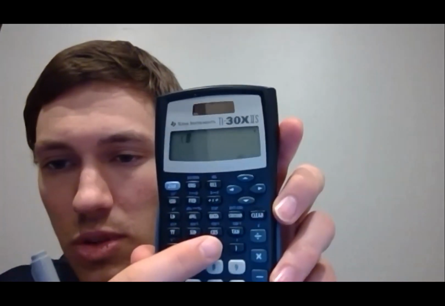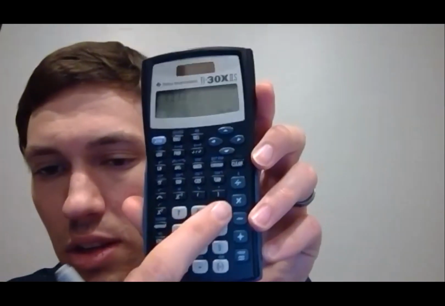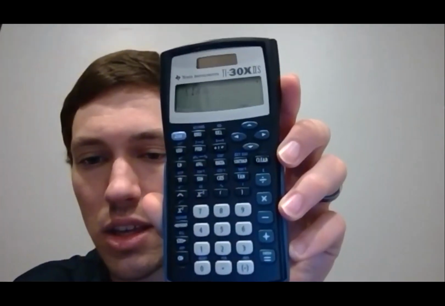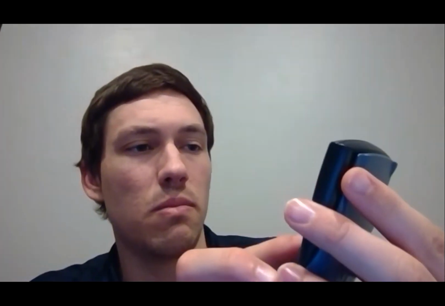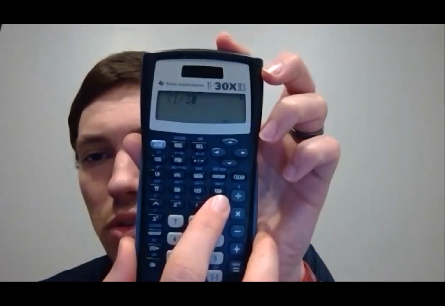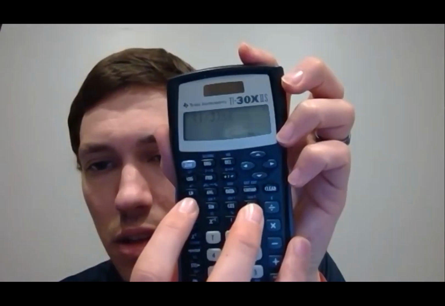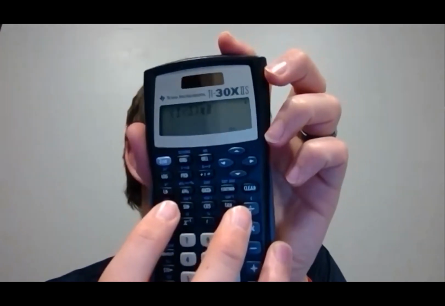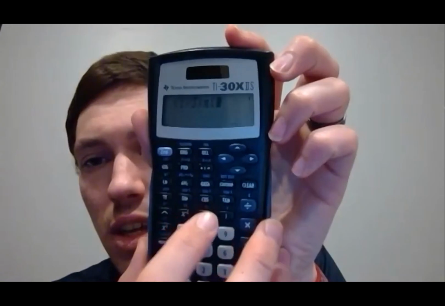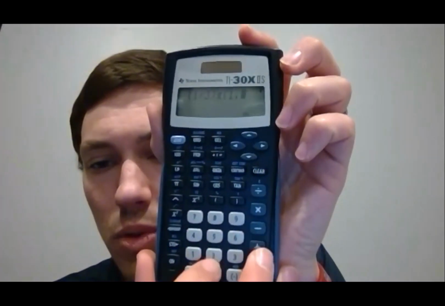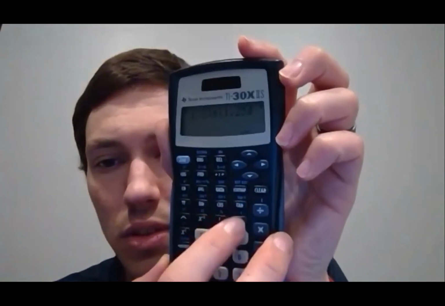So I go parenthesis 1 divided by 3, close parenthesis. And then I go pi, and parenthesis again, 3.25 squared.